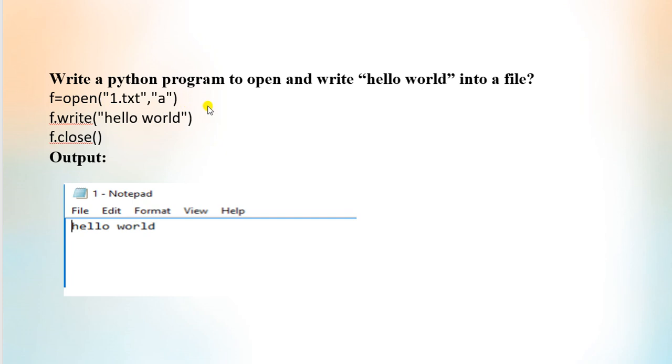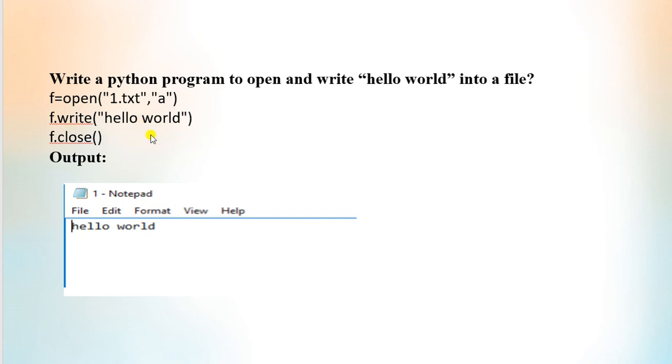All of you please note that when you open a file for writing, the mode should be either write mode or append mode. Here the 1.txt file is opened in append mode, and in the second line the content hello world is written into the 1.txt file.